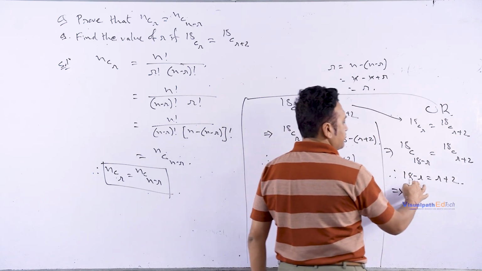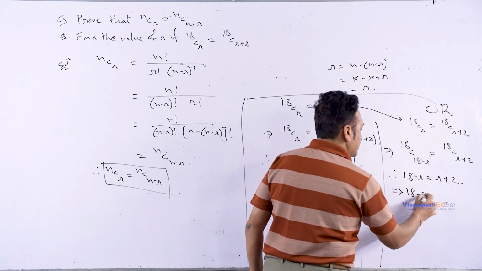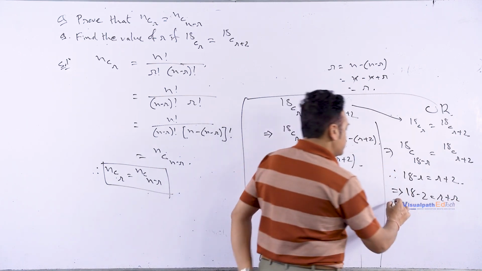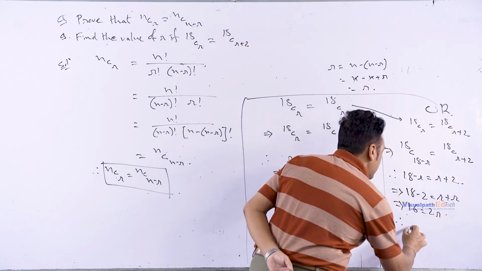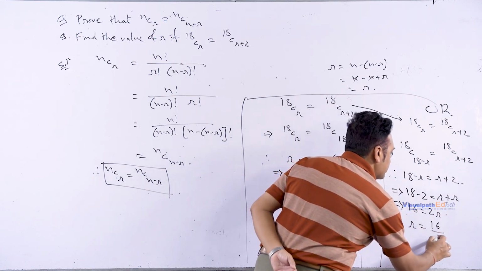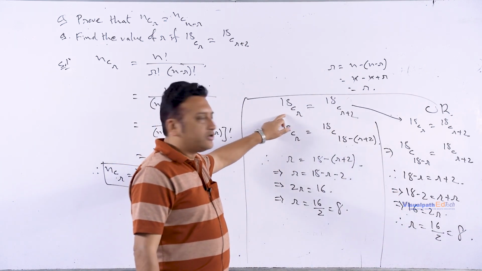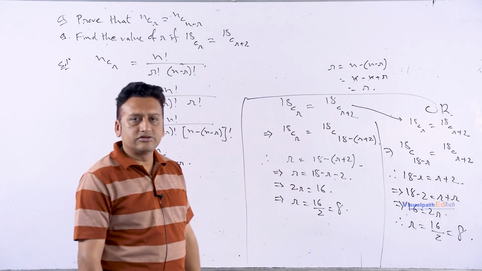So, I shift this minus r to the right hand side and I bring this plus 2 to the left. So, 18 minus 2 is equal to r plus r, okay, which will give me 16 is equal to 2r. Therefore, r is equal to 16 by 2, which is equal to 8. So, whether you apply the formula on the left or you apply the formula on the right, you will always get the same answer, which is r is equal to 8.